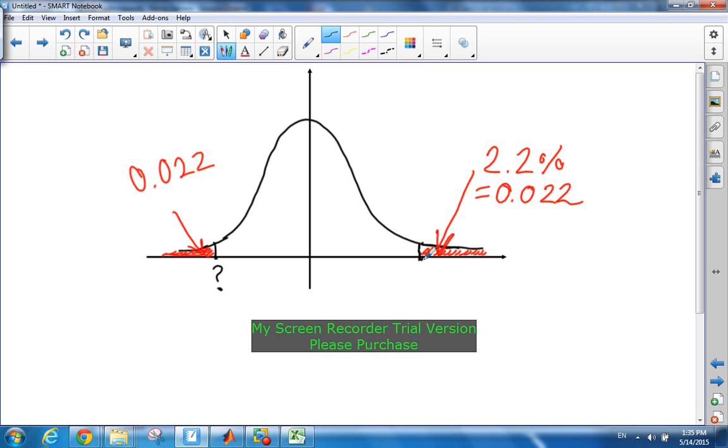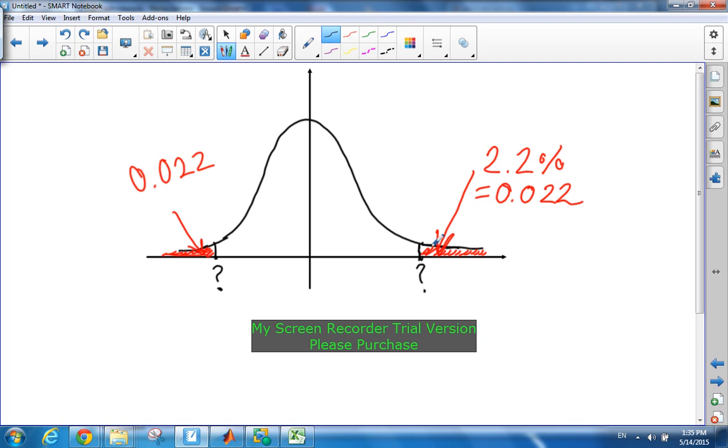All right, and we also need the other one here. So what should be this value here, so that above that value you get only 2.2% or 0.022 of thermometers. Okay, but because this is the standard normal distribution, it's symmetric about 0.